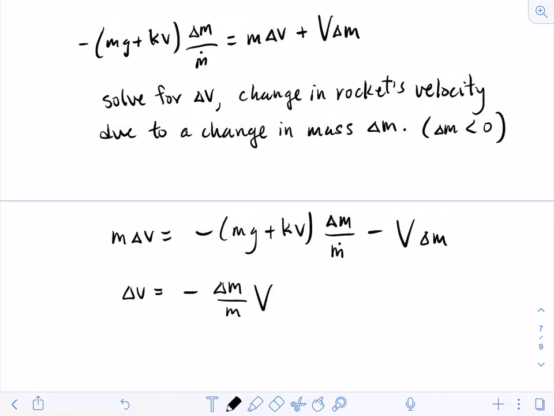So I wrote the second term on the right-hand side first. And then we have minus delta m over m dot. And then we have to divide by m. So we have mg divided by m, which is g. And then we have a plus k over m times v.